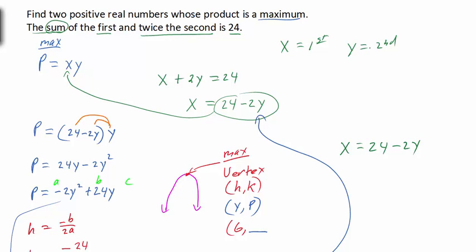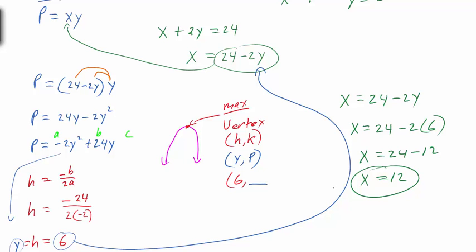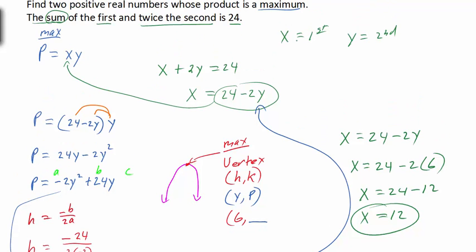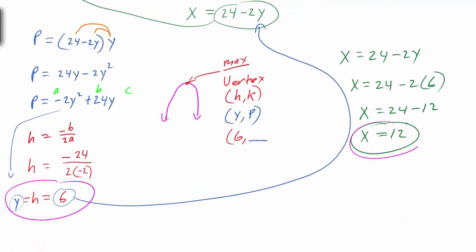Well, we know y is already equal to 6, so we want to substitute that in. So we get x equals 24 minus 2 times 6. So x is equal to 24 minus 12. So x is equal to 12. So if we go back up here, our first number, we can say then x is 12, and y, which is our second number, down here, we found that to be 6.